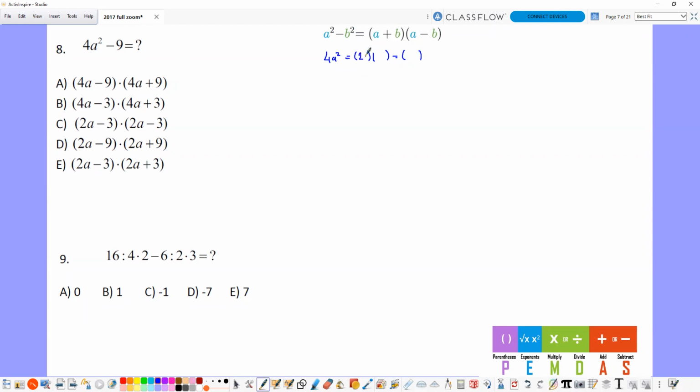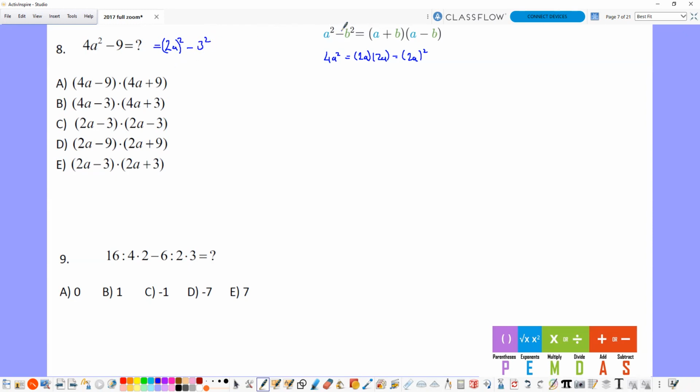We know that 2a times 2a is equal to 2a parenthesis square, which is equal to 4a square. So the first one is 2a parenthesis square. And the 9, we know that's equal to 3 square. So the terms are 2a and 3.